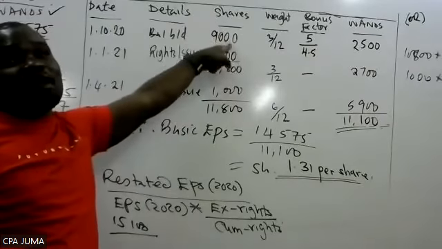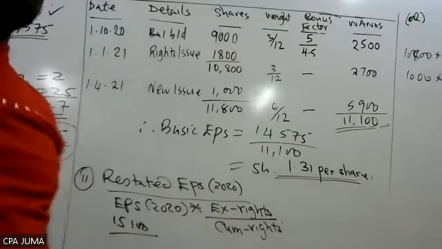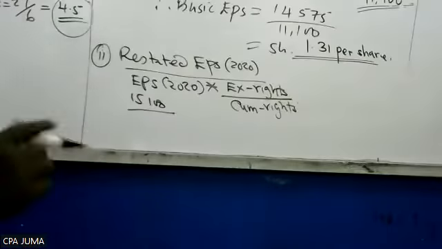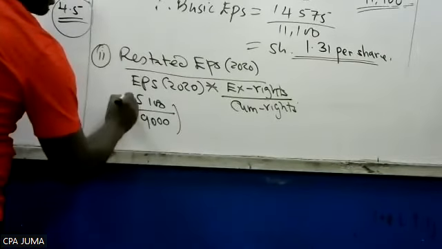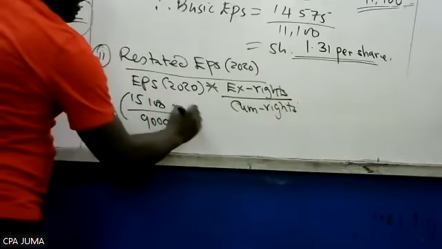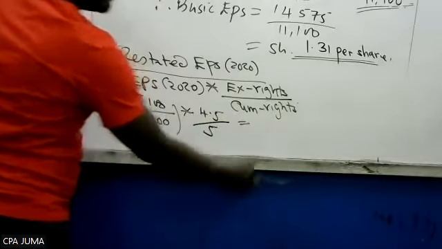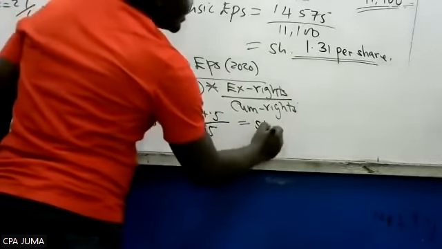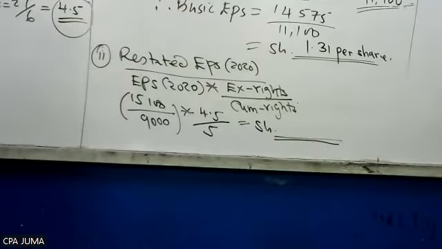So divided by 9. 9 was the WANOS for last year, which was brought down this year. So that was the EPS last year. Then ex rights price is 4.5, cum rights is 5. That's the reciprocal. So that is the restated EPS. Give me that figure. As simple as that.